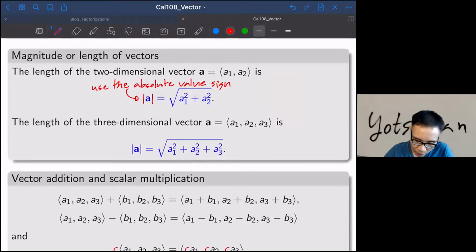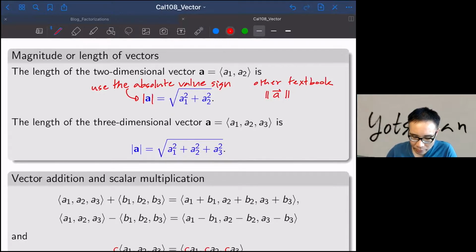However, some other textbooks write it with a double bar instead of one bar absolute value, in order to indicate the magnitude or the length of your vector A.